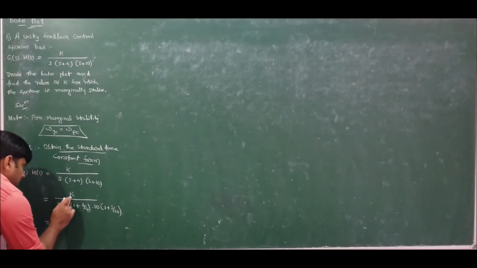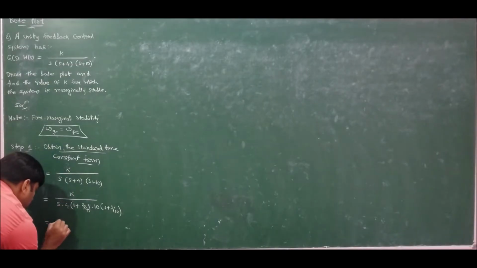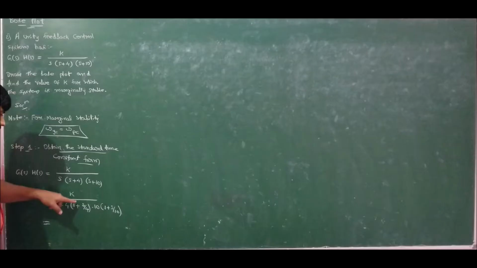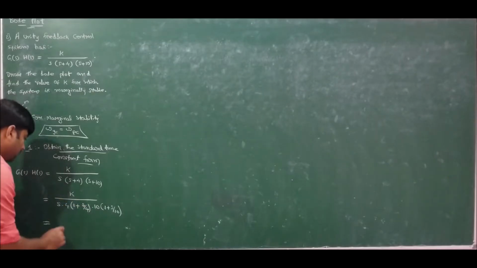Now 4 into 10 should be sent into the numerator, so it will become K by 40.